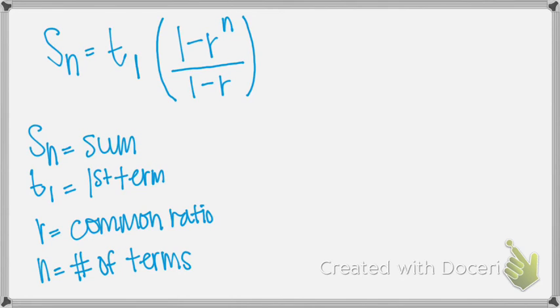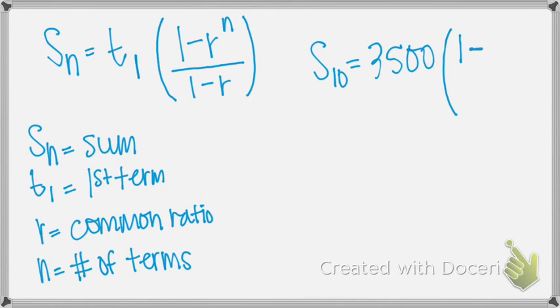All right, so we know all this information. We're looking for S of 10 equals, what is the first term? 3,500. Parentheses, 1 minus my r. What's my rate? 0.7.